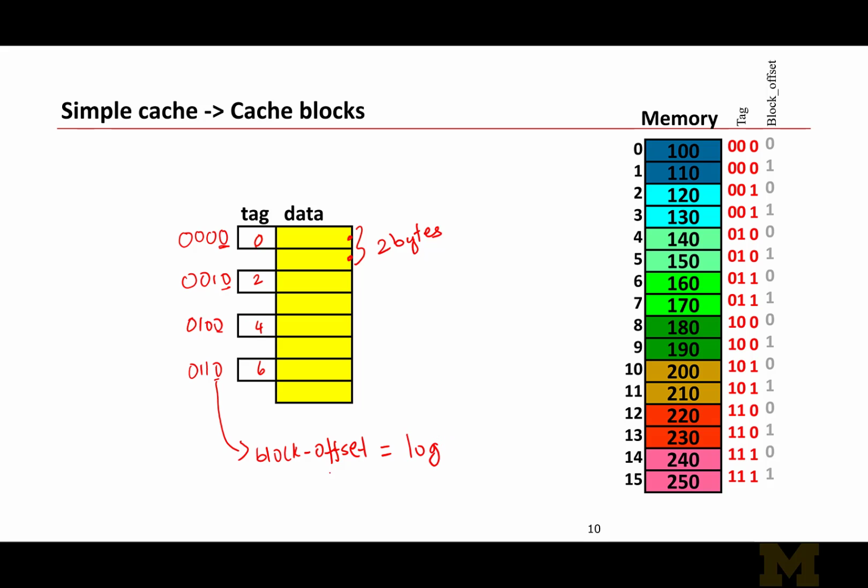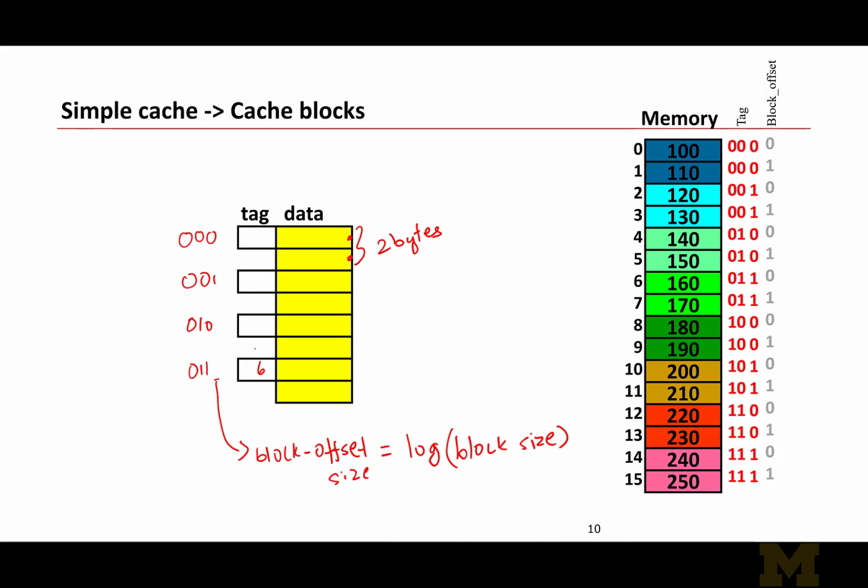It turns out that the block offset size would be log to the base 2 of the block size. So in this example, I have the block size of 2, and that's why my block offset size is just 1 bit. So I don't have to store my block offset as part of my tag. I just need to store the tag, right? That is enough to identify whether I have that address or not.